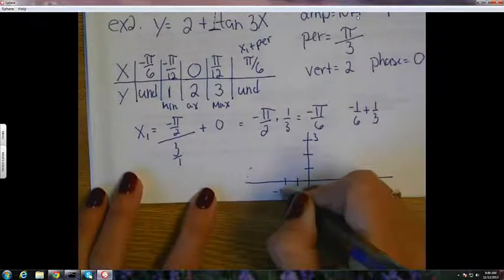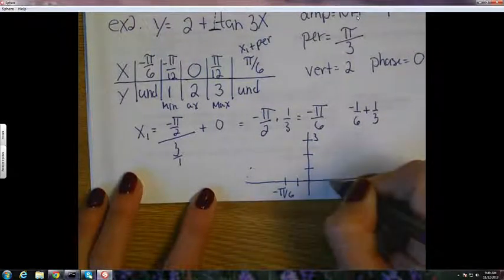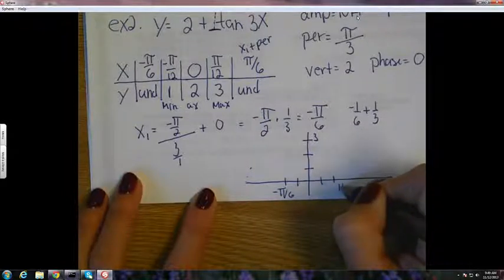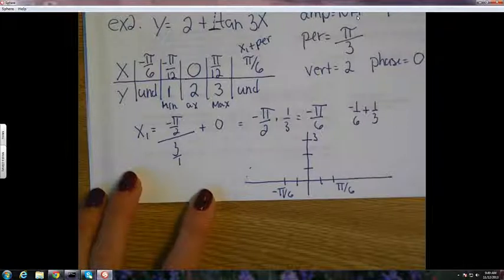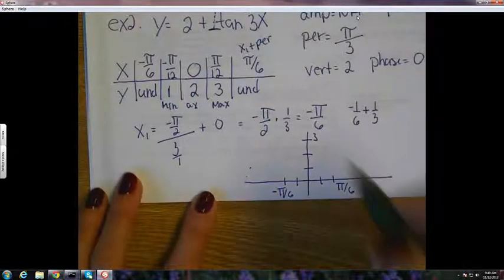Negative pi over 6, pi over 6. Okay, and all those first and last are my asymptotes.